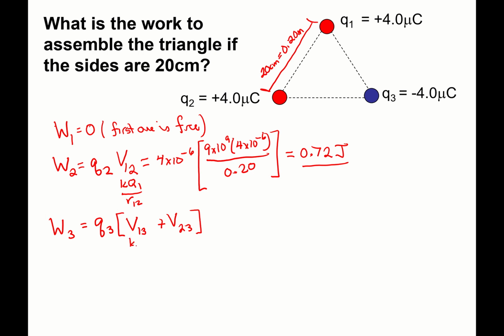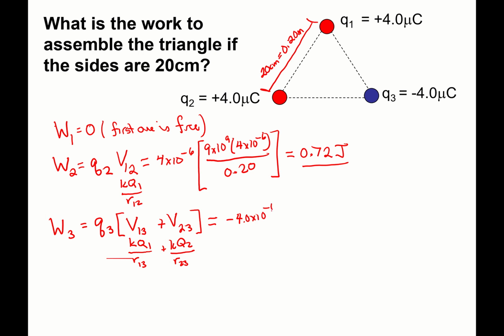So the potential between 1 and 3 is KQ1 over the distance between 1 and 3. Potential from charge 2 at charge 3 is going to be KQ2 over the distance between charge 2 and charge 3.